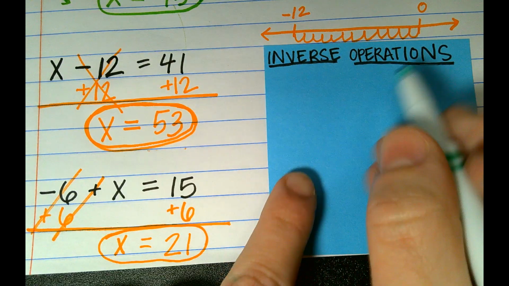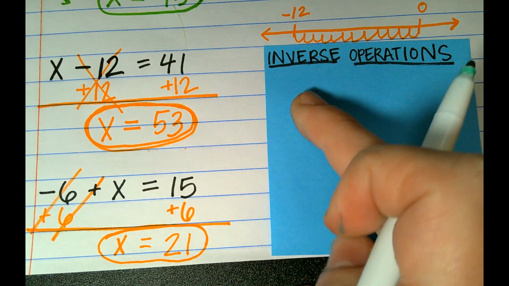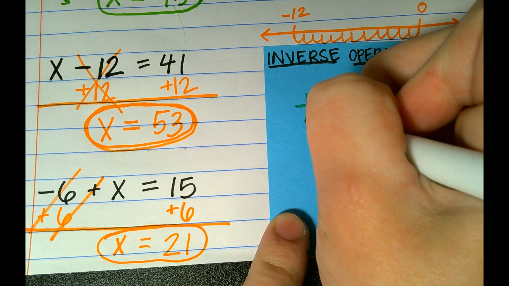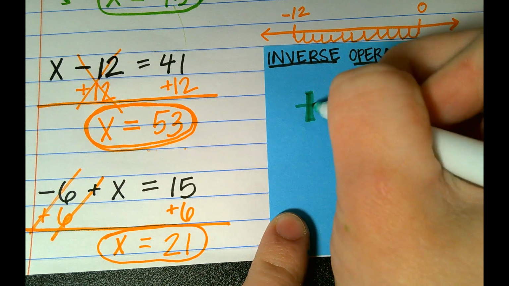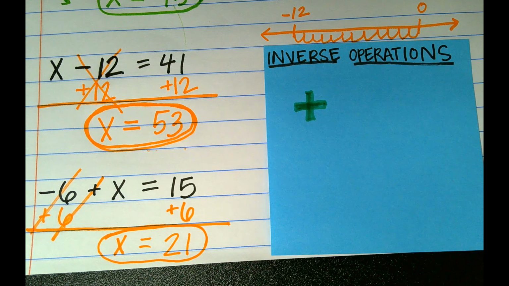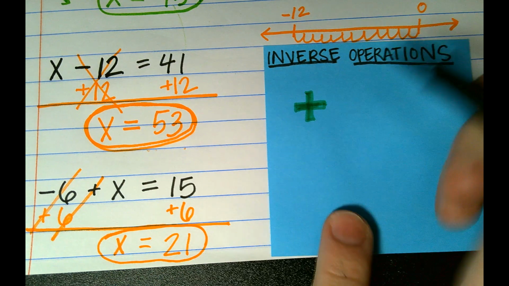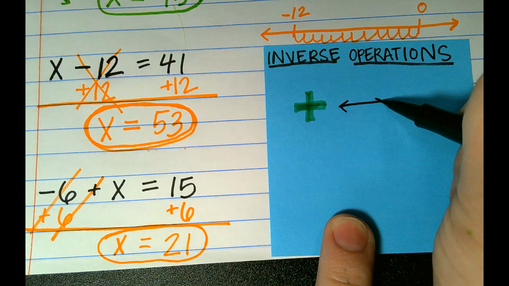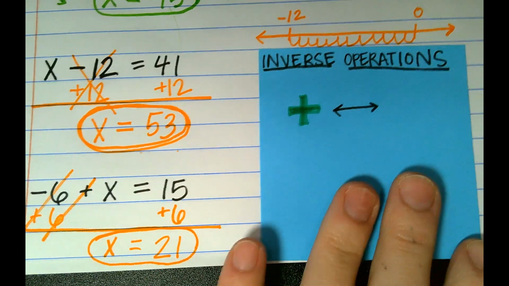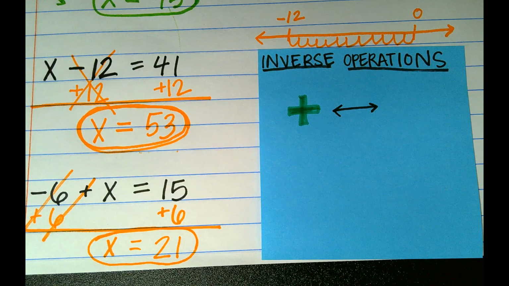So the first thing we're going to put, and we're going to make 4 little symbols. Plus is going to go here. And what do you think the opposite of plus is? Negative or minus. So I'm going to do a plus, little arrow to show it goes back and forth.